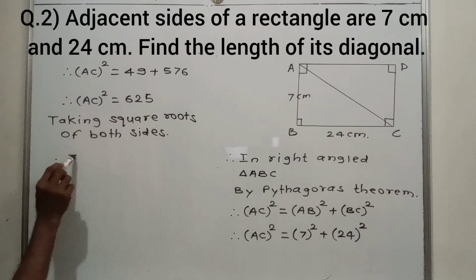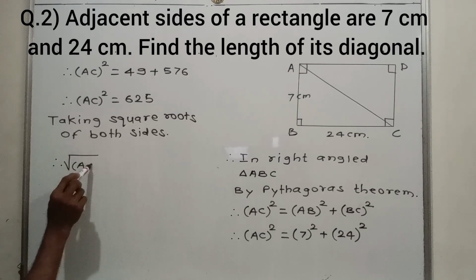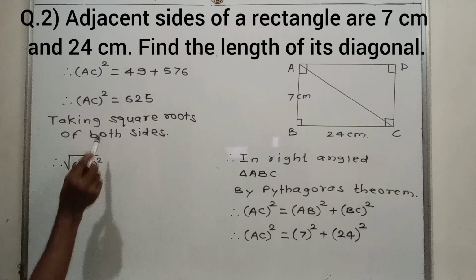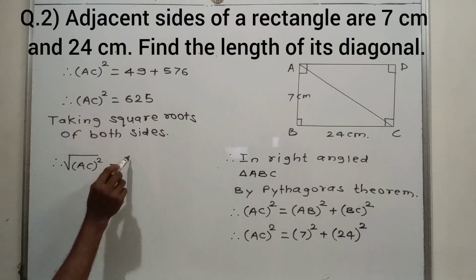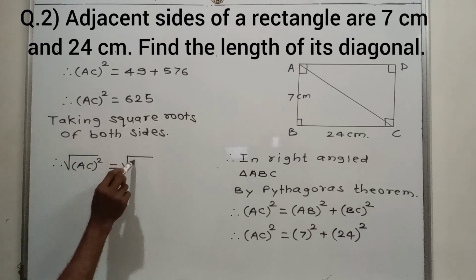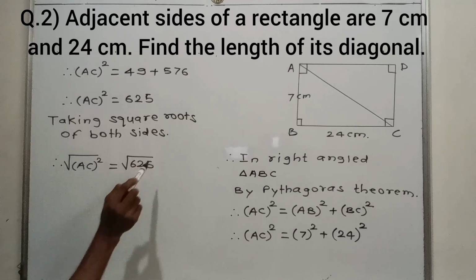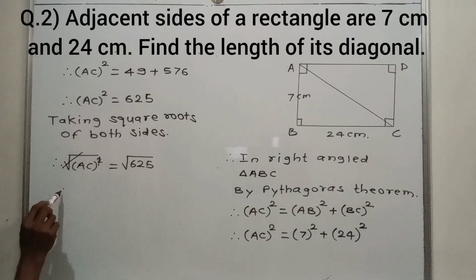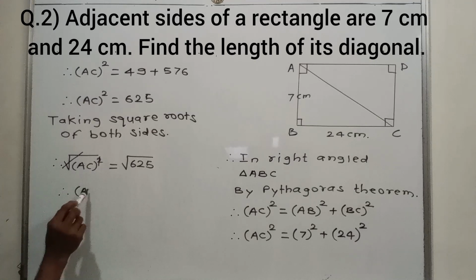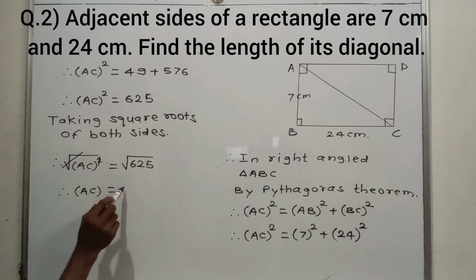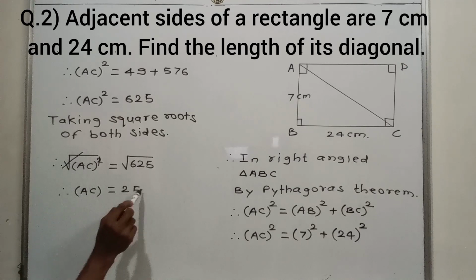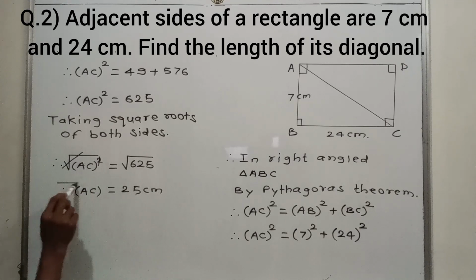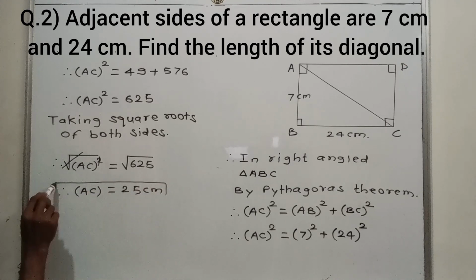Therefore, square root of AC square is equal to square root of 625. Square root and square cancel. Therefore, AC is equal to 25 centimeter.